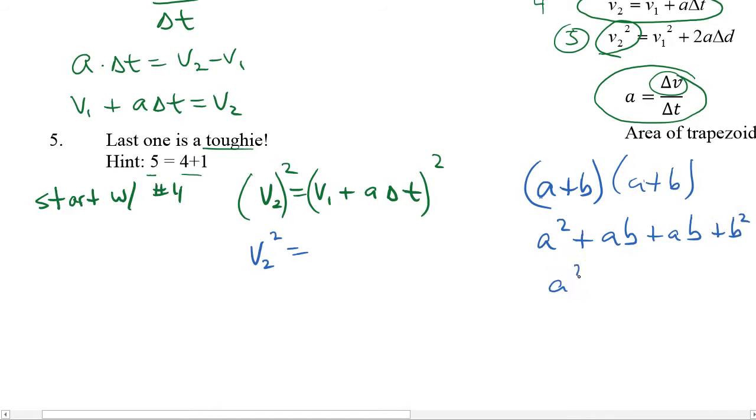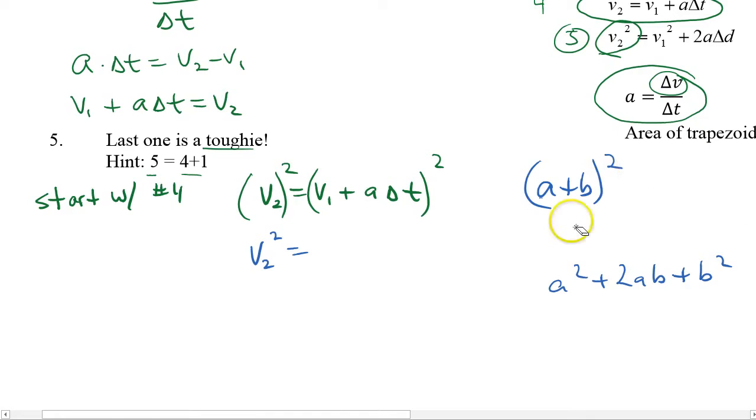So you get a squared plus 2ab plus b squared. Some of you remember this pattern. It's the first one squared plus 2 times these two multiplied together plus the last one squared.